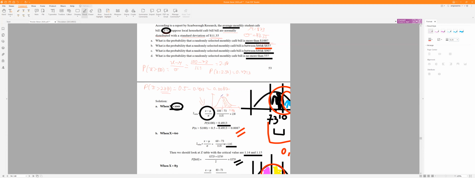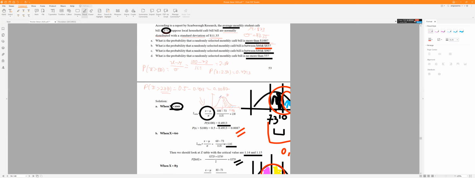So if to the left of the graph is 0.9913, what's the area of this tiny little part, which I will be shading with the color blue? What's the area under the graph which represents the color blue?